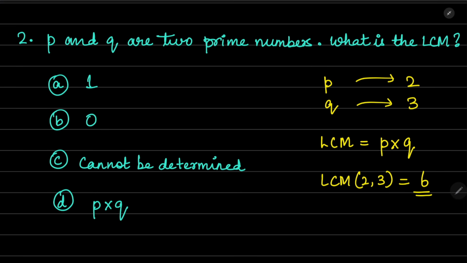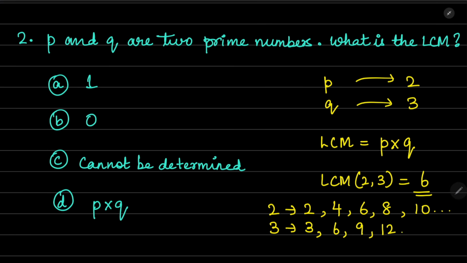Now, what does it mean when I say the lowest common multiple or least common multiple of 2 and 3 is 6? When you write the multiplication table of 2, 2 1s are 2, 2 2s are 4, 2 3s are 6, 2 4s are 8, 2 5s are 10, and it goes on. If I write the multiplication table of 3, 3 1s are 3, 3 2s are 6, 3 3s are 9, 3 4s are 12, 3 5s are 15, and it goes on.